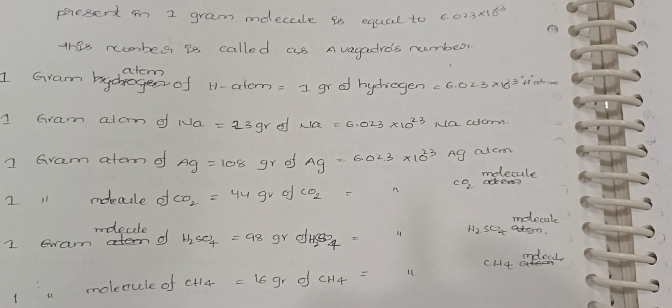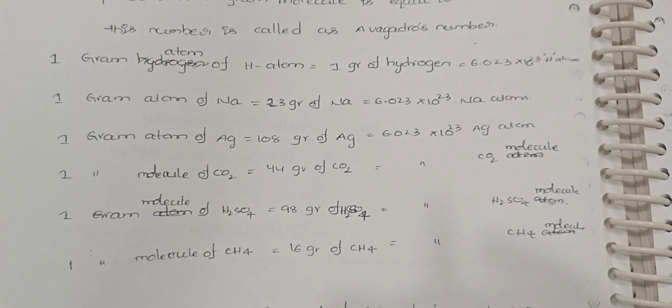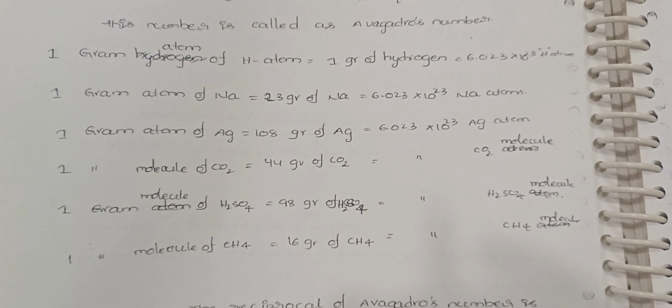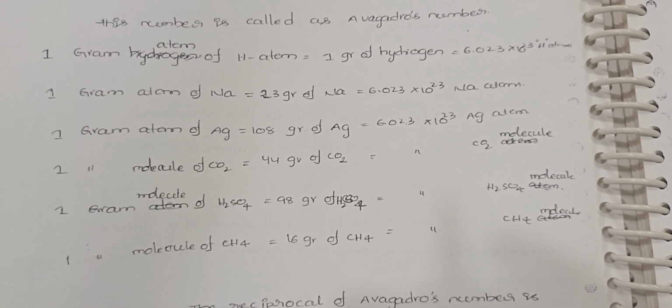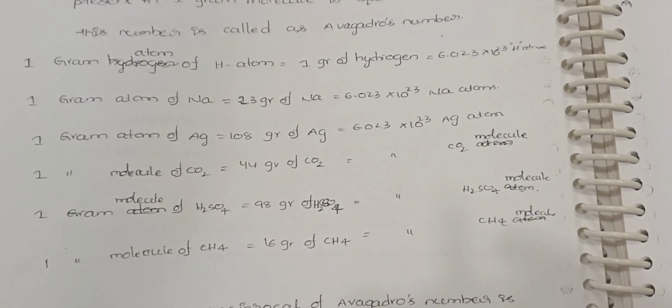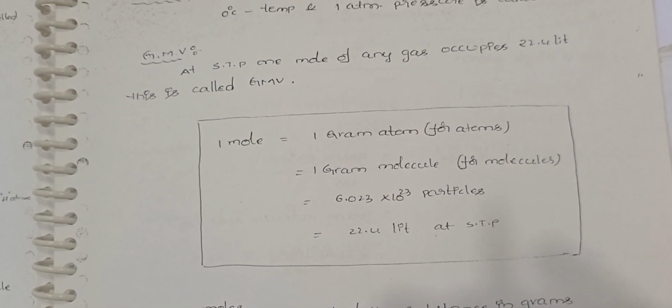Now this mole concept, you will be knowing. Particularly they are asking one theoretical question and one question like which of the following molecules has more number of atoms present. Okay, like that they are asking. Now gram molar volume.